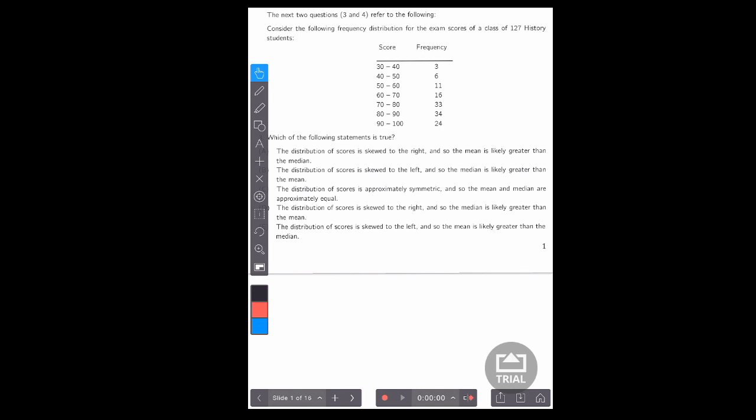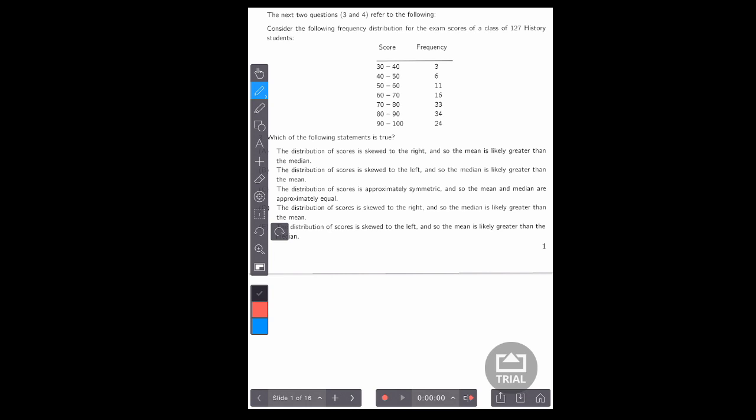I'll just make some notes here. If you want the slope, try to do something here.